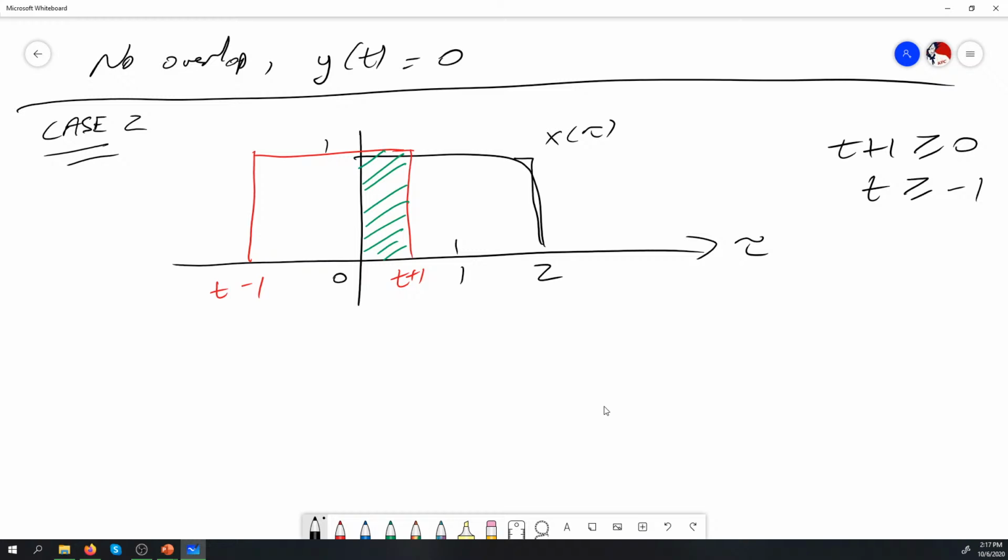And we also know that t plus 1 hasn't reached this 1 mark, so it's less than 1, so t here should be less than 0. If we combine these two inequalities, we get negative 1 less than or equal to t less than 0.